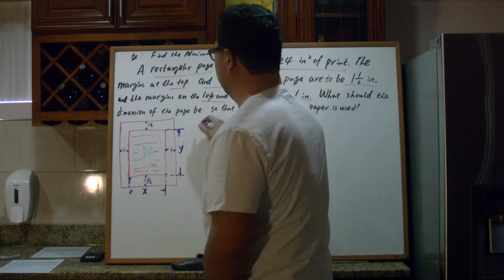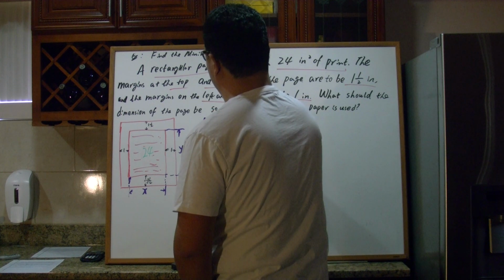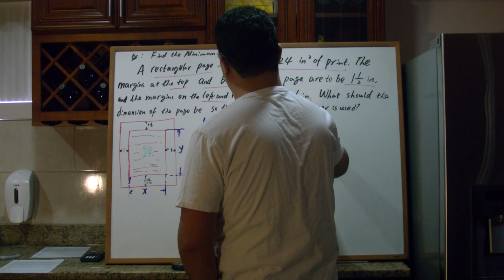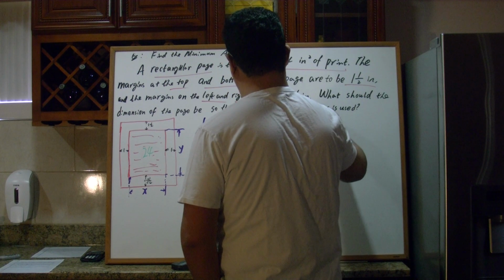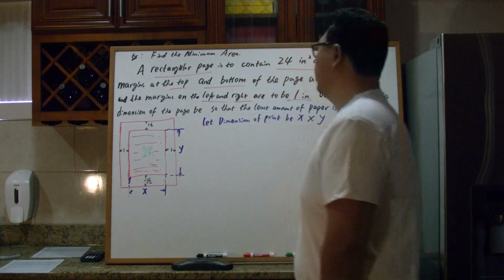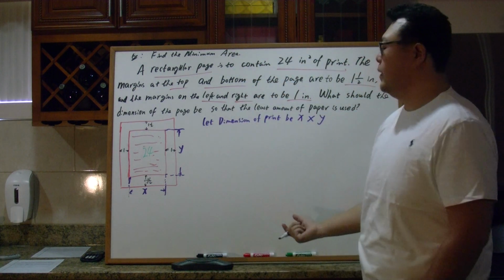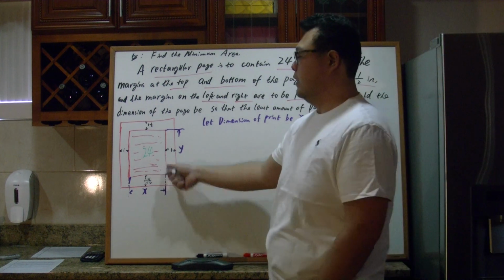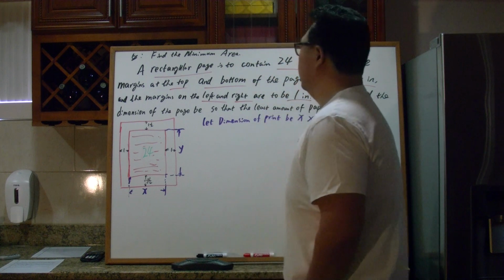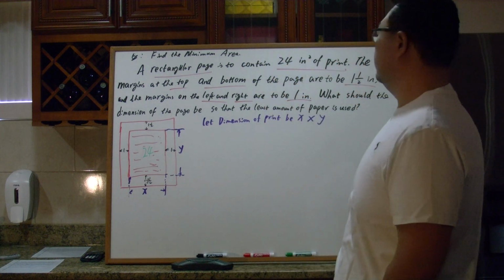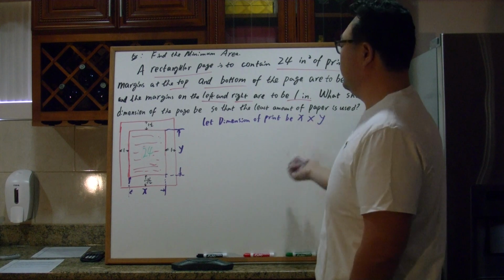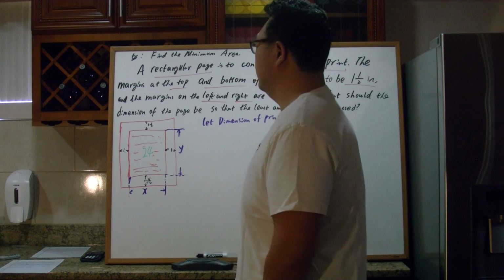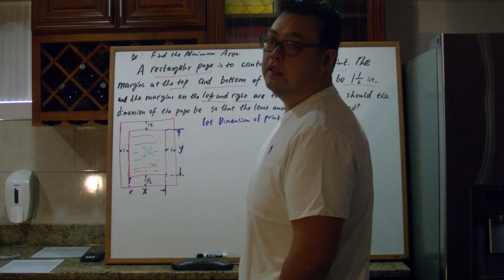Let the dimension of the print be x cross y. The base of the print area, or the width, is x, and the height is y. And then the paper amount being used will be x plus 2 times y plus 3.